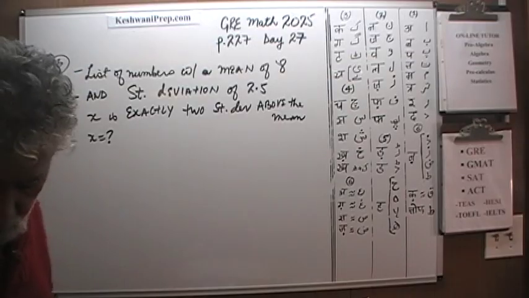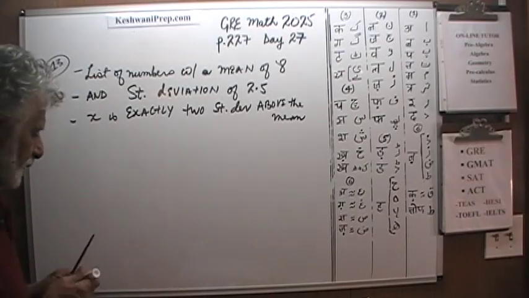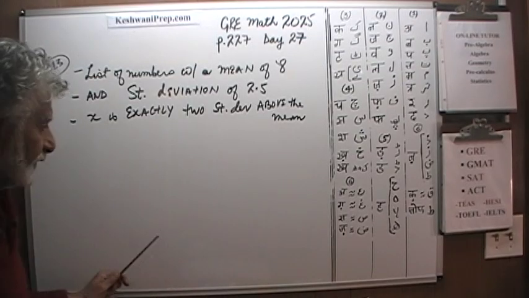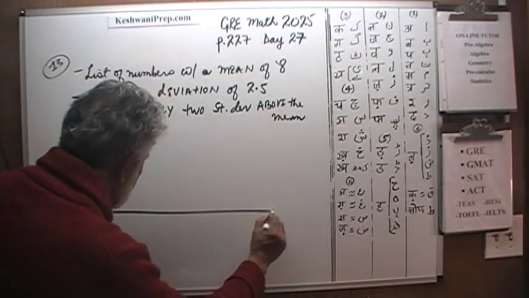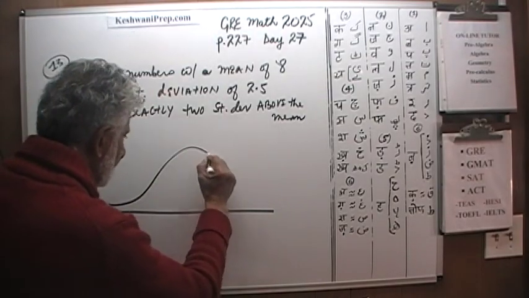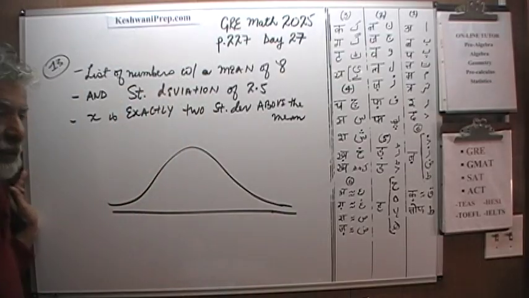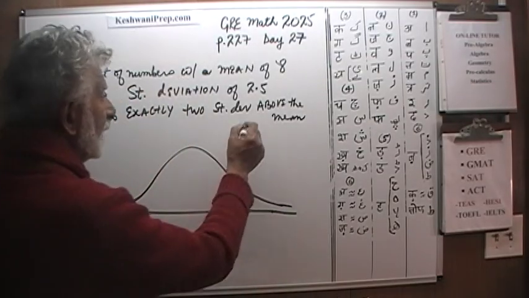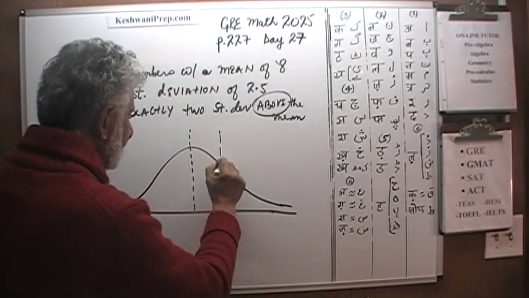Let's take a look at it. So we're dealing with the concept of normal distribution. That's what they're trying to see here, that we understand the concept. Normal distribution, as we know, looks something like this. And we're dealing with something that is located 2 standard deviations above the mean. So here's our mean. Here's the first standard deviation.